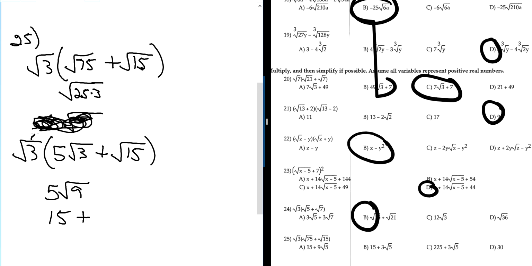Let me try square root of 3 times 15. And that would give me what? 45. So the square root of 45, which is like the square root of 9 times 5. Square root of 9 is 3. Then I have 5 inside.